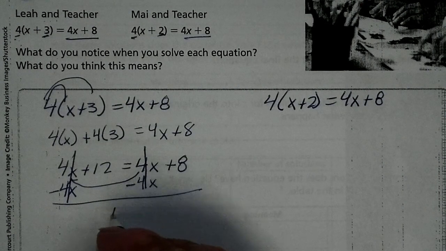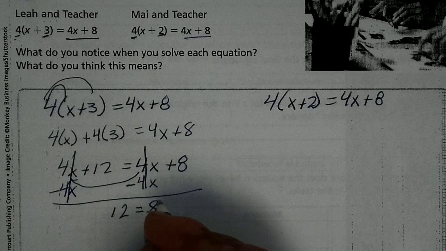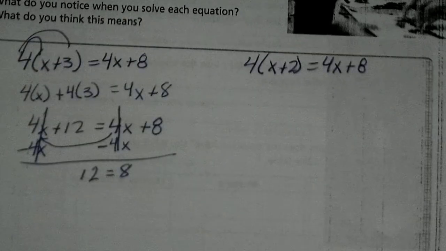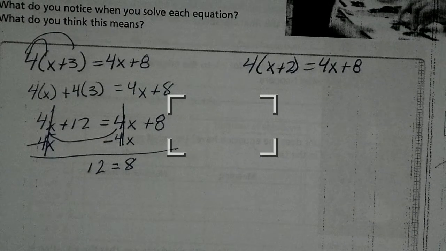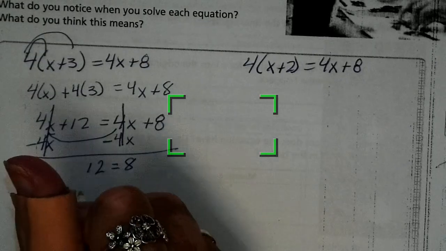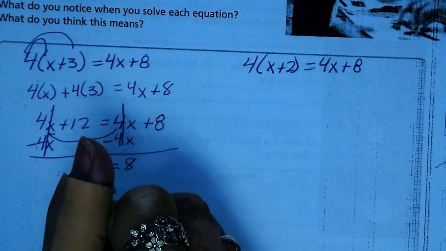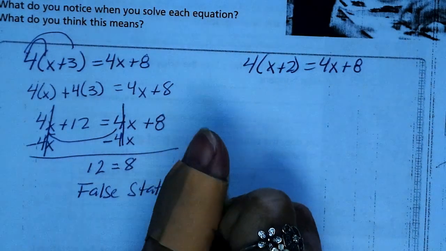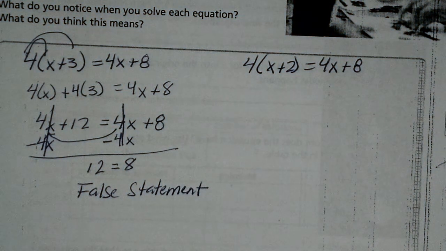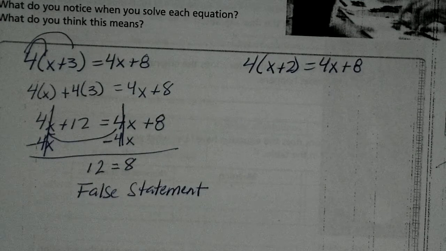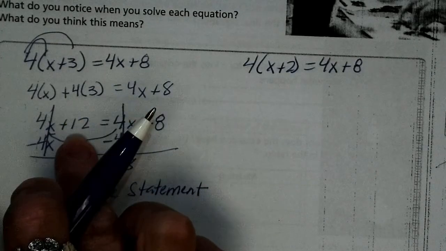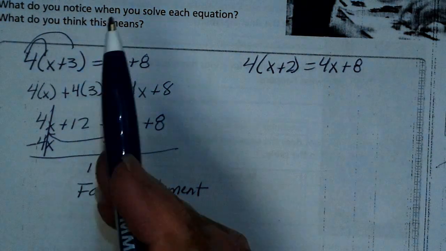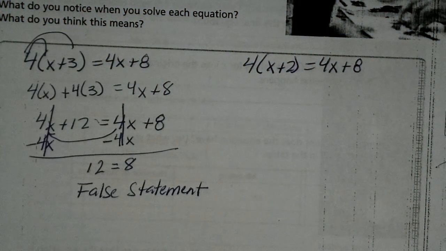So it leaves me with 12 equals 8. And we know that that is a false statement because 12 does not equal 8. Okay? So what that kind of means is Leah and the teacher will never have the same amount of cards.